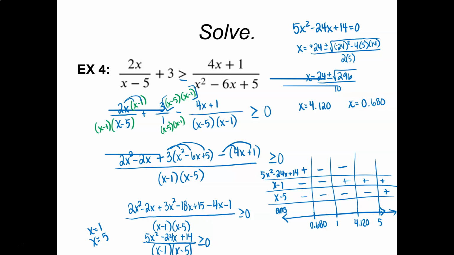If we do 5 times 4.3 squared minus 24 times 4.3 plus 14, we'll get a positive. So if you end up having to use one that's a quadratic, it is going to switch twice. We haven't seen that before.